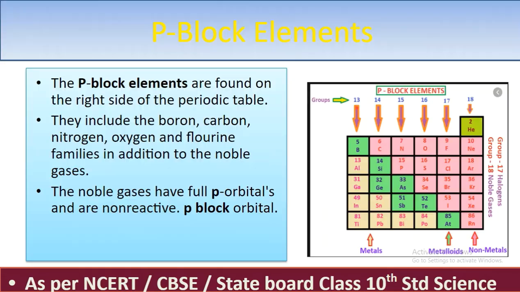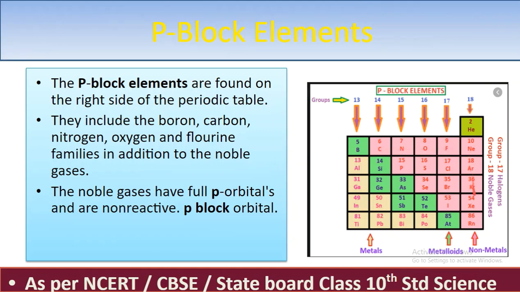Now moving on, the next one is the p block elements. The p block elements are found on the right side of the periodic table. They include boron, carbon, nitrogen, oxygen, fluorine, and the families including noble gases.